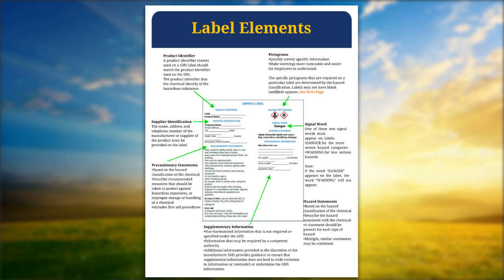Otherwise, you're going to start getting into bunches of labels for the same product. You might have a product that has 3 or 4 pictograms. So you've got the label itself, you've got 3 or 4 pictograms, you have the DOT labeling. What happens if a gust of wind comes through and all over your shipping dock? I'm sure that they would have to be adjacent to the label. But just from a practical point of view, it would make a lot more sense to include them on the label.